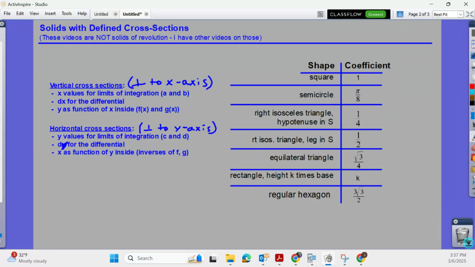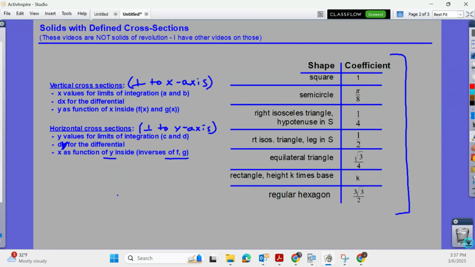And you're going to have x as a function of y inside. So you're going to have inverses of f and g is what we used, right? The integrand will have y's in it, not x's then, to match that dy for the differential. Okay?